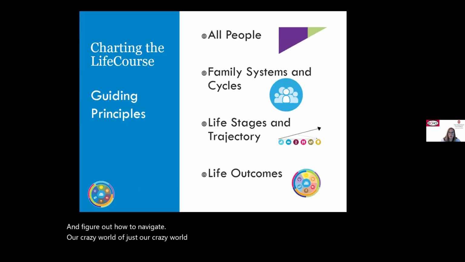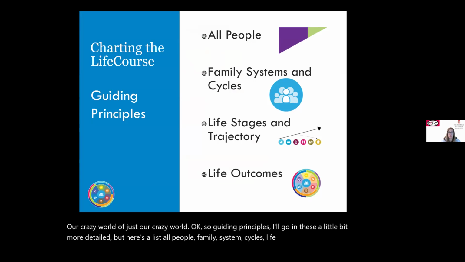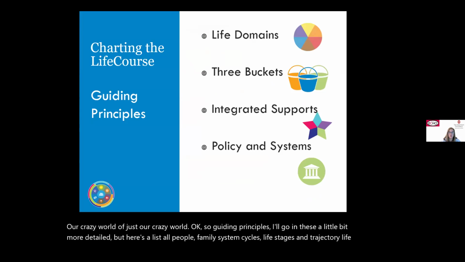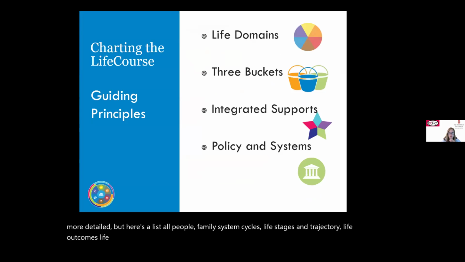Guiding principles. I'll go into these in more detail, but here's a list: all people, family system cycles, life stages and trajectory, life outcomes, life domains, three buckets, integrated support star, and policy and systems. So we're going to talk briefly about all of those things.